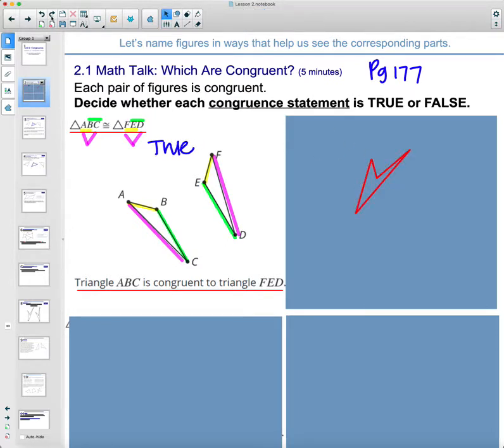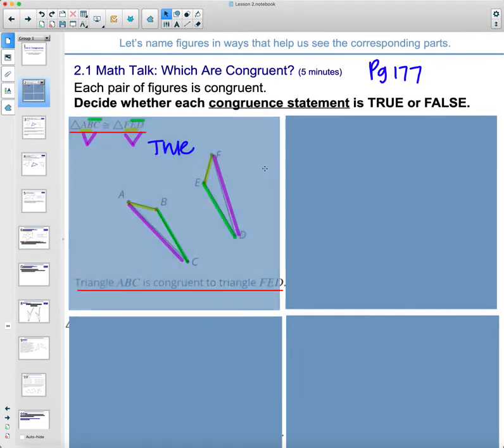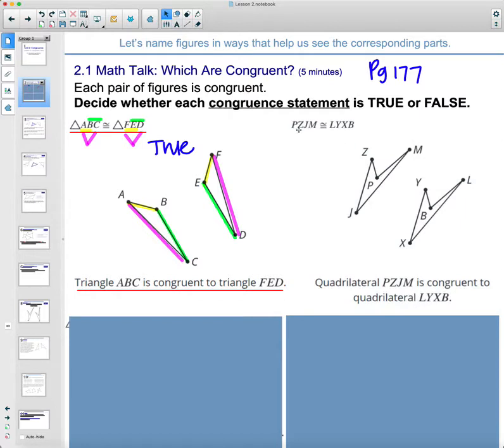Second statement. We've got these two quadrilaterals. So quadrilateral PZJM is congruent to quadrilateral LYXB. I'm going to do the same idea here and connect in order.